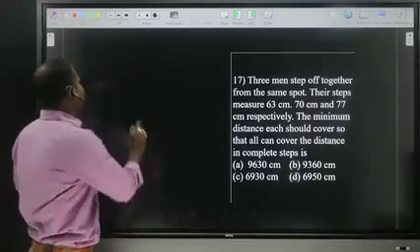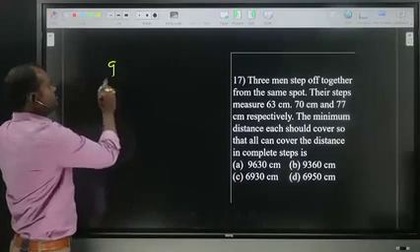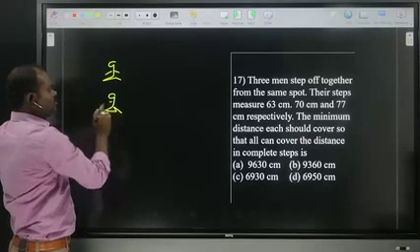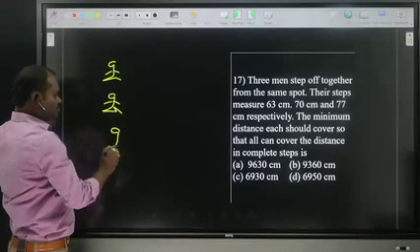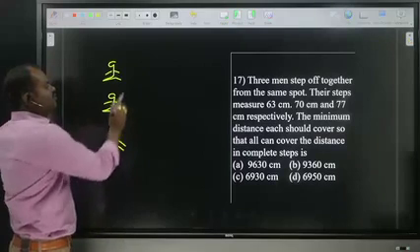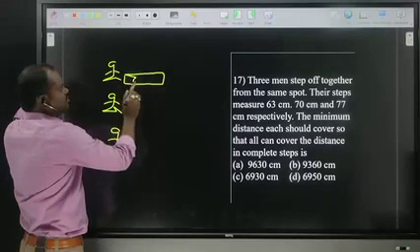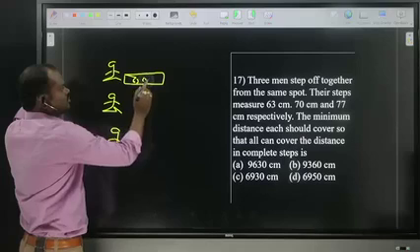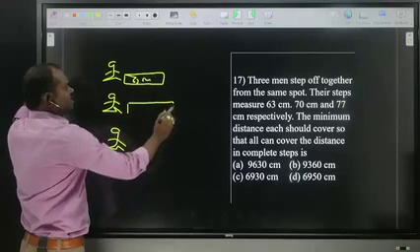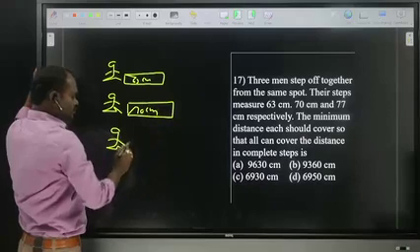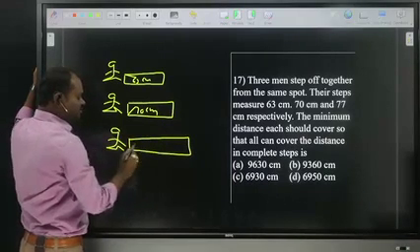Let us assume 3 persons started. First person's step distance is 63. Second person's step distance 70. Next person's step distance 77.